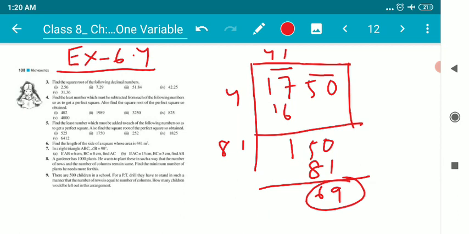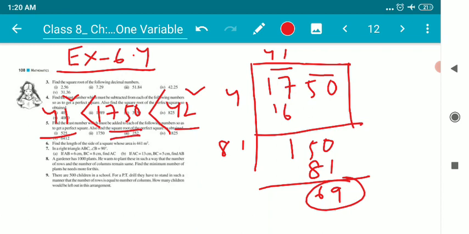Children, what can we figure out from here? That 41 square is lesser than 1750, and 1750 is lesser than 42 square. So between 41 square and 42 square, 1750 comes. Now what is 42 square, children? 42 square means 42 into 42.